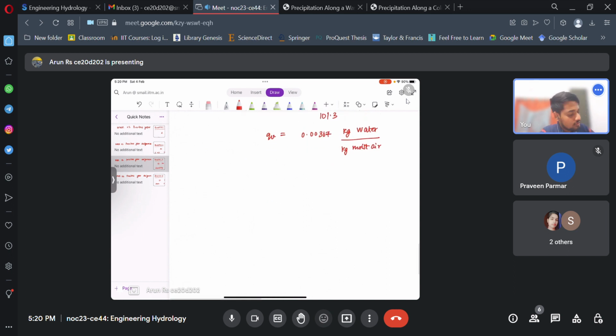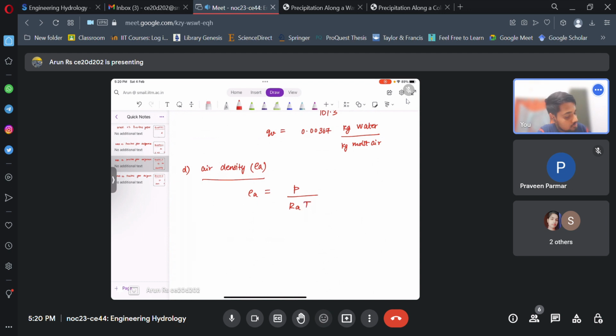And the last one is the air density. So for air density, we have the expression from the ideal gas law. But here your temperature is in Kelvin.